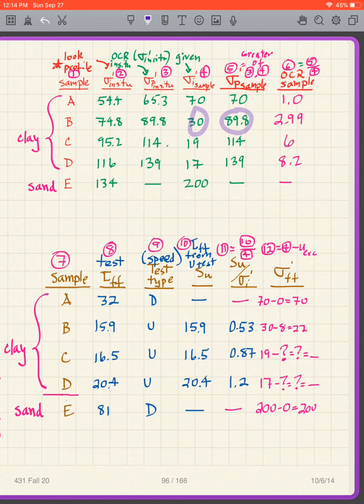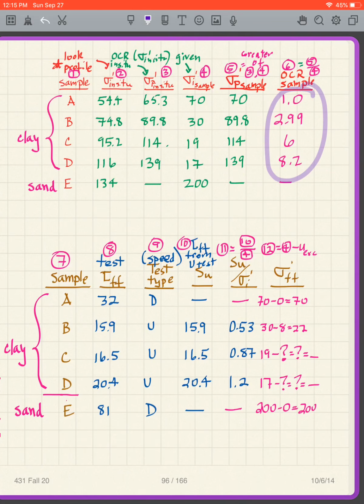89.8 over 30 is 2.99. 114 over 19, well, that's 6. And 139 over 17 is 8.2. So whether it's deliberate or not, notice that I've created samples that have different OCRs.